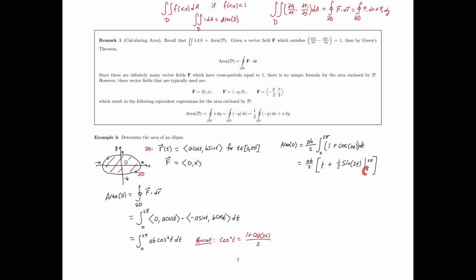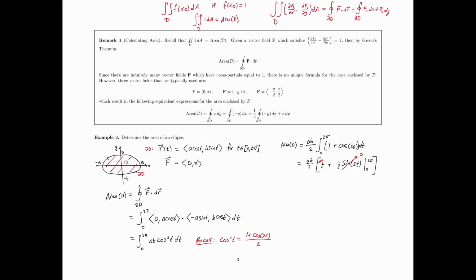So 0 is a whole number multiple of pi, namely 0 times pi, so plugged into sine gives 0. And 2 pi times 2 is 4 pi, which is an integer multiple of pi, so sine of that is also 0. So this whole term goes to 0 over these bounds, and I'll strike it out.